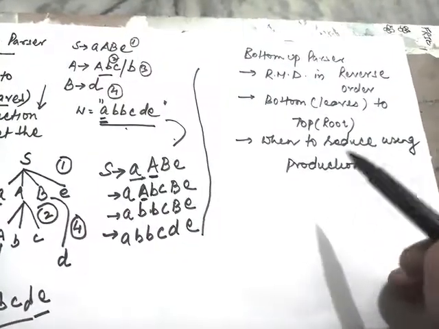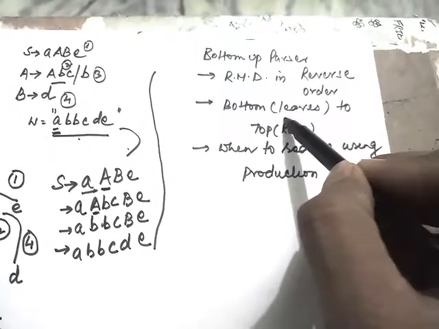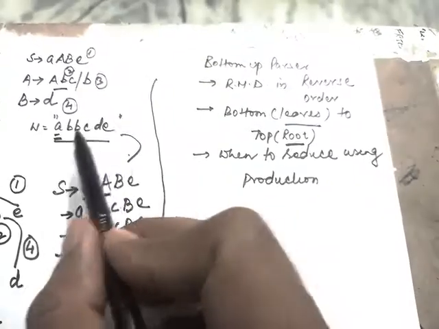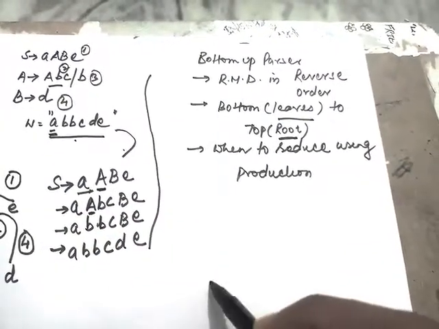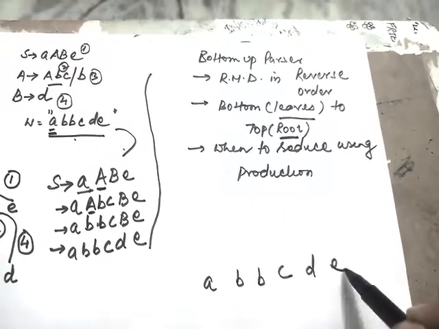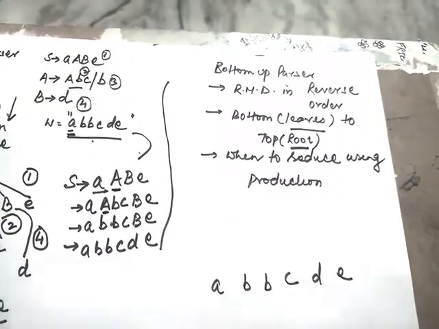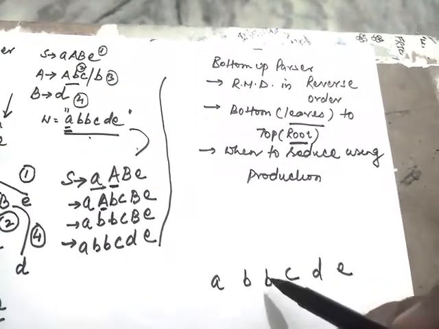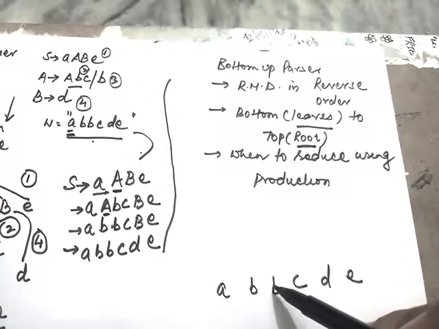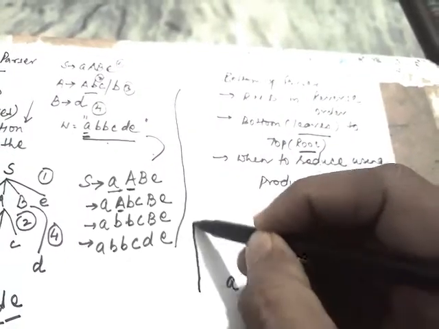Now the bottom up parser says that we should start from the leaves and move to the root. What does it mean? If this is a string, A, b, b, C, D, E, then we have to think about which production I should use to reduce these leaves into some root, and we have to move from bottom to top.